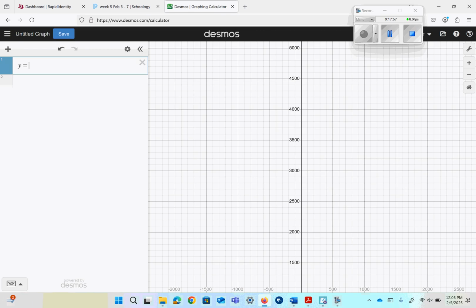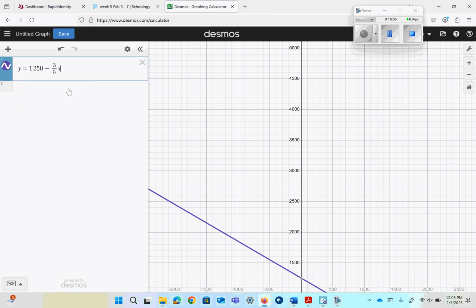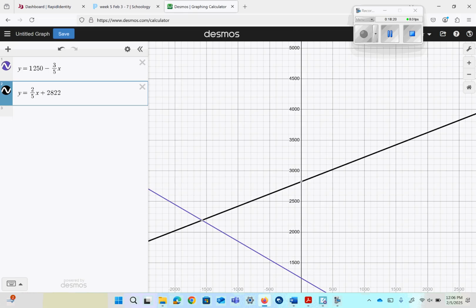So y equals 1250 minus 3/5 X. Got a line, that's always good. Y equals 2/5 X plus 2822.